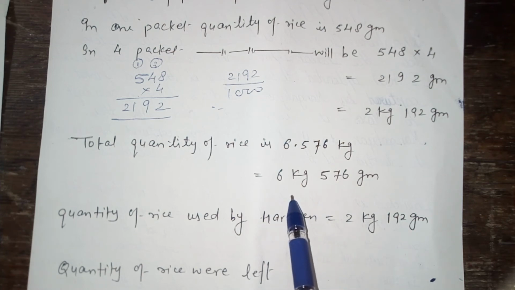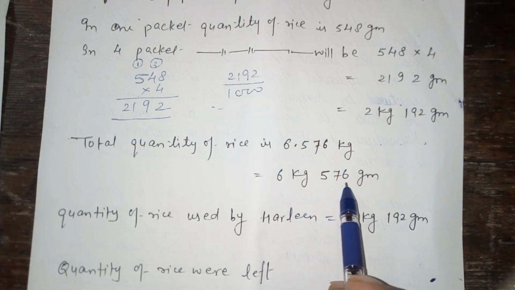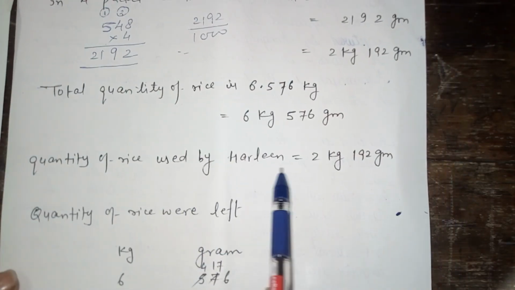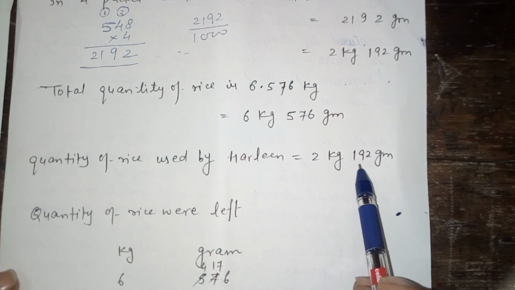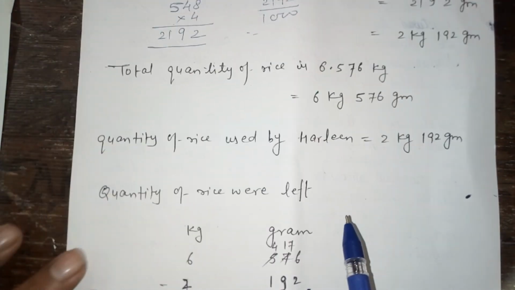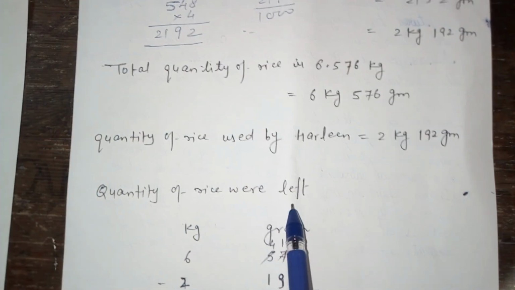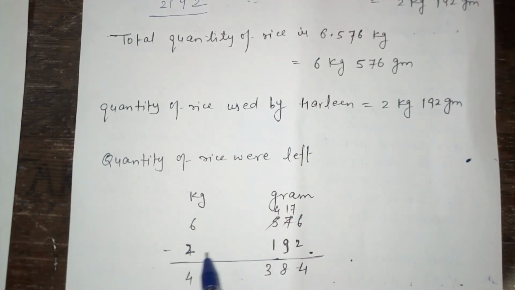And the quantity of rice used by Harleen is 2 kg 192 gram. Now in this question we will find the quantity of rice left. So what will we do?